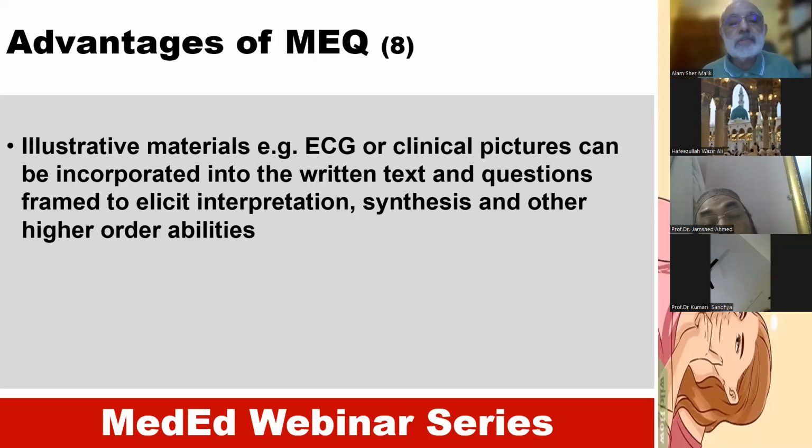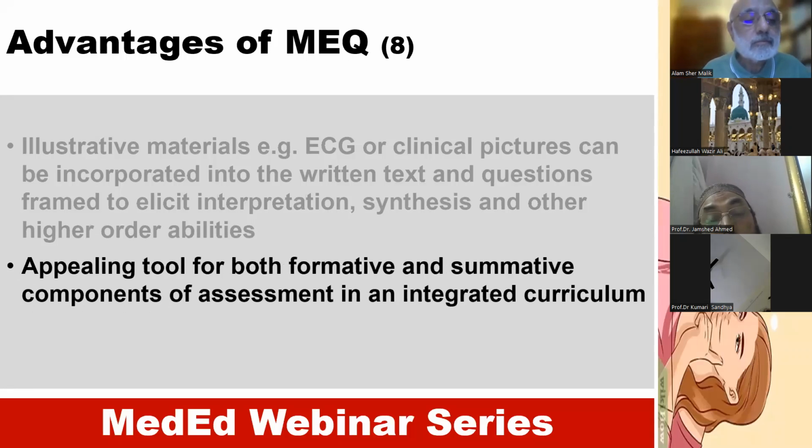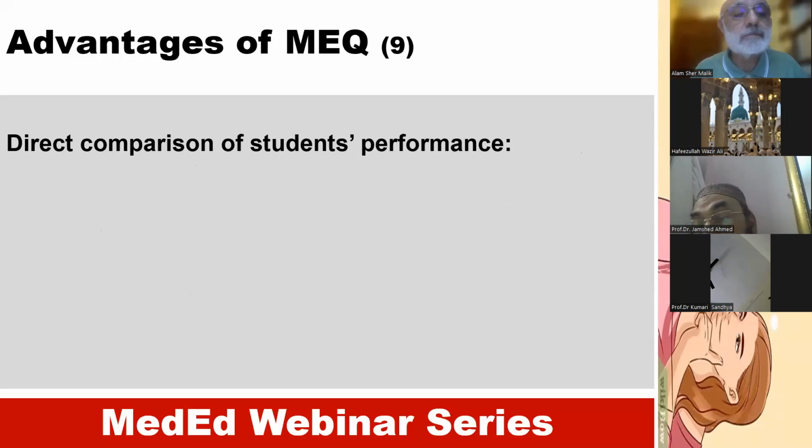So many things which are difficult to write or explain, but providing their pictures, clinical pictures, can help to overcome that issue. It is an appealing tool both for formative and summative components of assessment, especially in an integrated curriculum.